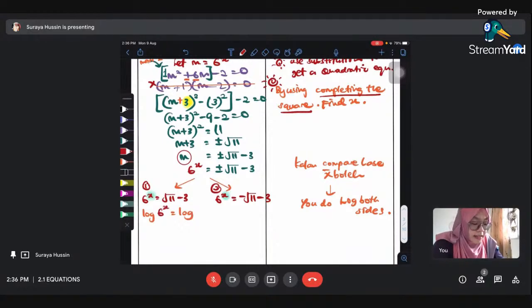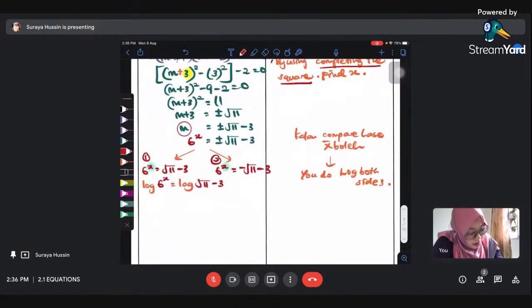Saya guna merah dan oranye ni sebab penting. Okay, saya buat equation yang pertama dulu ya. So now X saya boleh bawa turun. The power I can bring it down.